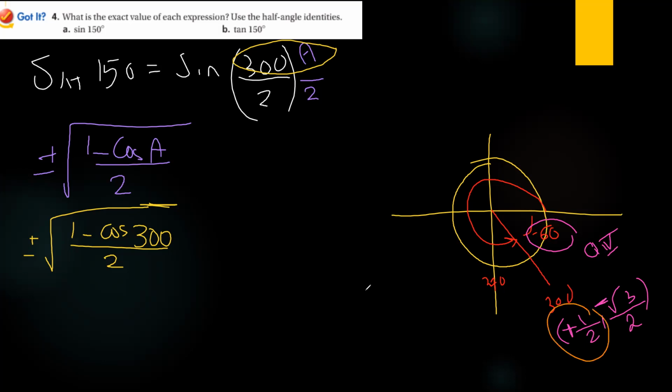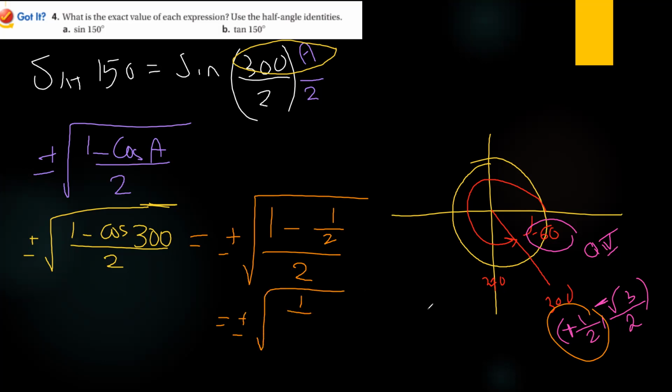So cosine 300 is half. So it will be positive or negative square root of 1 minus cosine of 300, which is half, over 2. Then 1 minus half is half over 2.